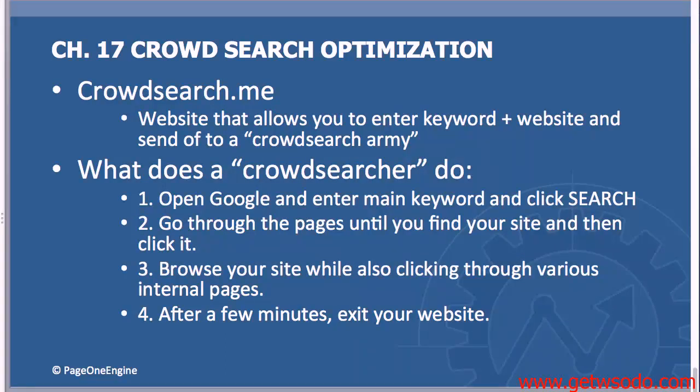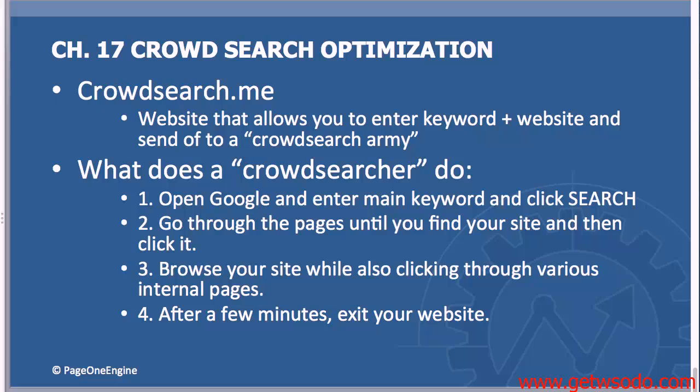Crowdsearch.me is a website that allows you to enter the keyword you want to rank for into their system, which will then be sent off to their army of employees all over the country, who will perform the task of searching your keyword and clicking through to your website. It's really cool software. What a crowd searcher actually does: first, they open up Google, enter your main keyword, and click search.